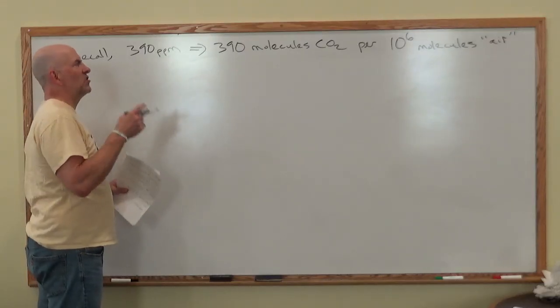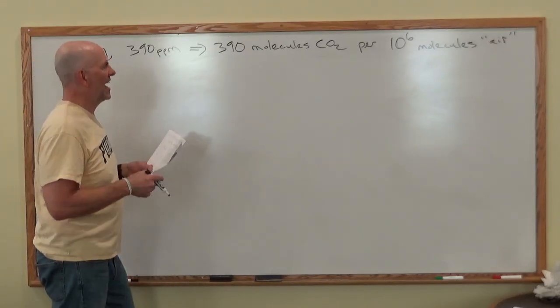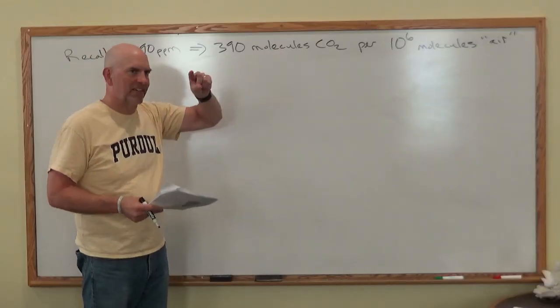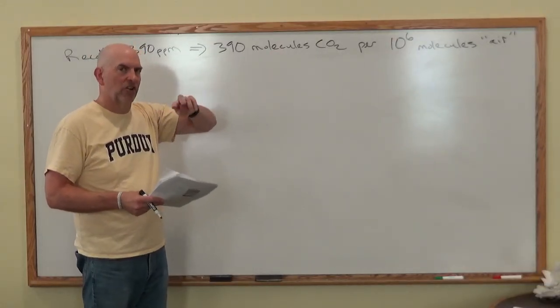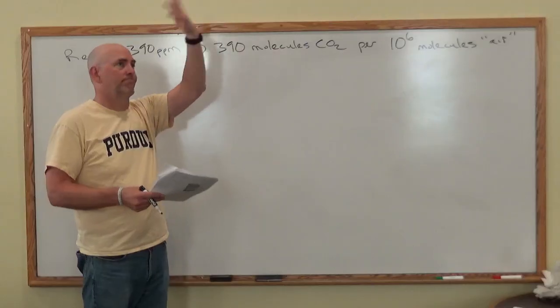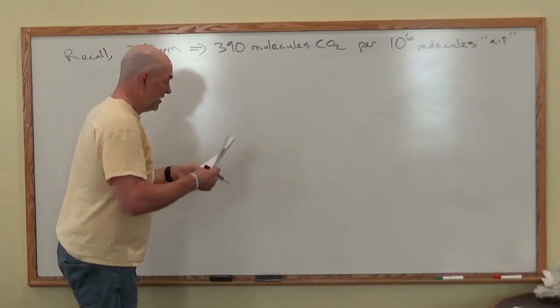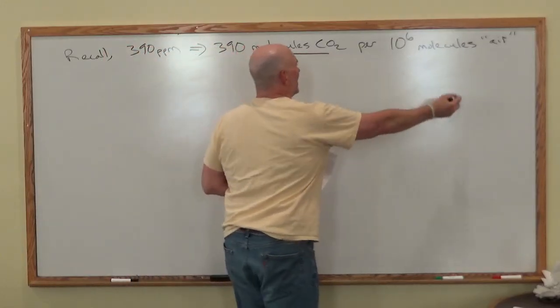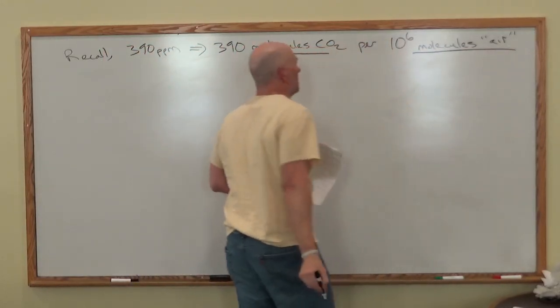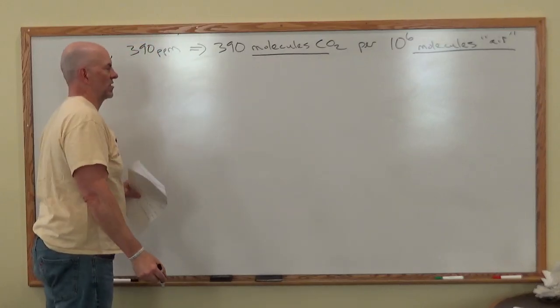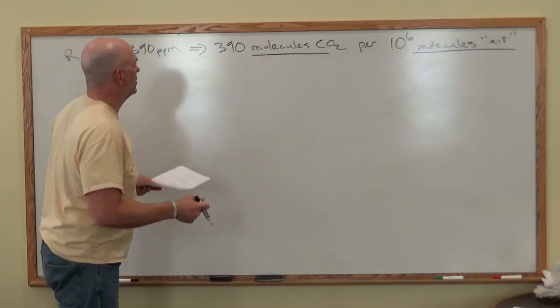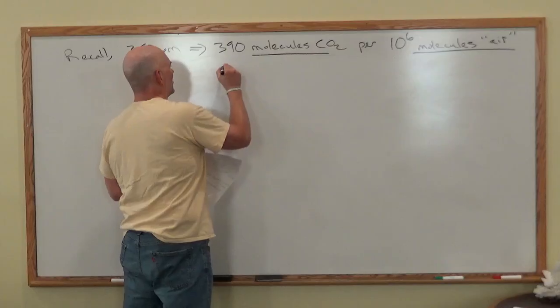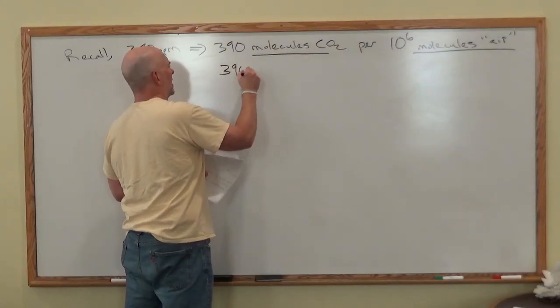For an ideal gas, remember what an ideal gas is. An ideal gas is something that's bouncing around off of each other or off of the container or just out in the atmosphere. So what we can actually do is use any unit here. We don't have to use molecules. This seems very strange, but I think this is the way to think about it.